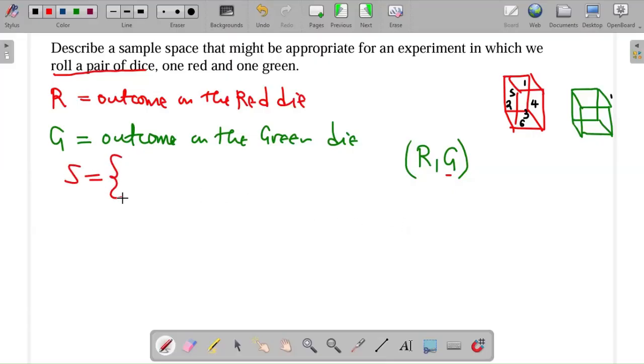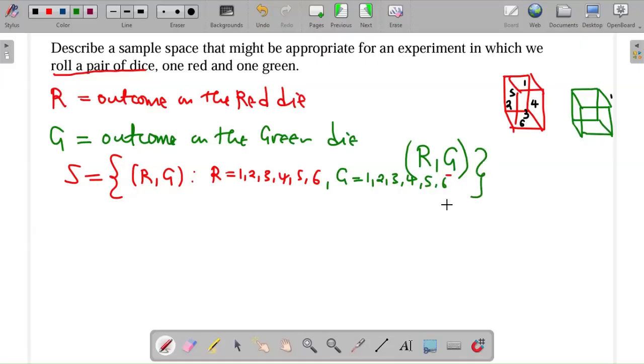We can write the sample space in set notation. It will simply be (R, G) such that R takes the values 1, 2, 3, 4, 5, 6, and G also takes the values 1, 2, 3, 4, 5, 6.